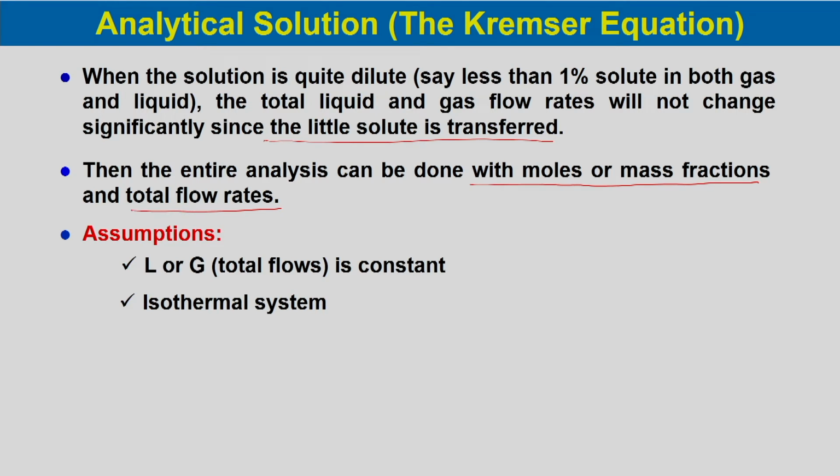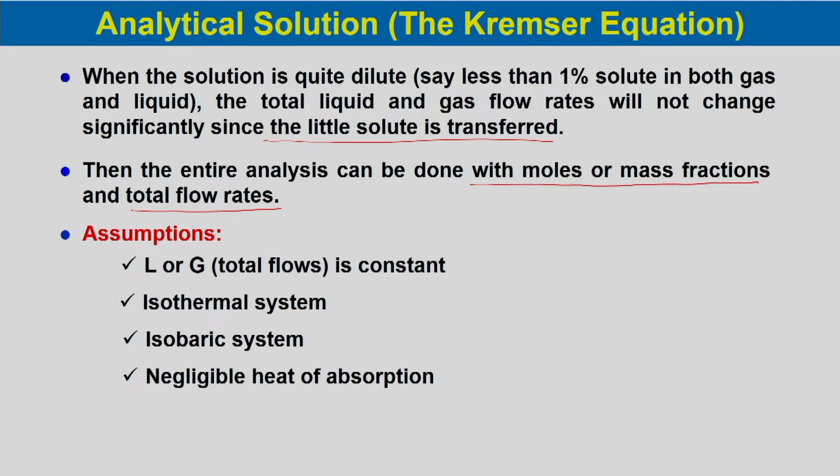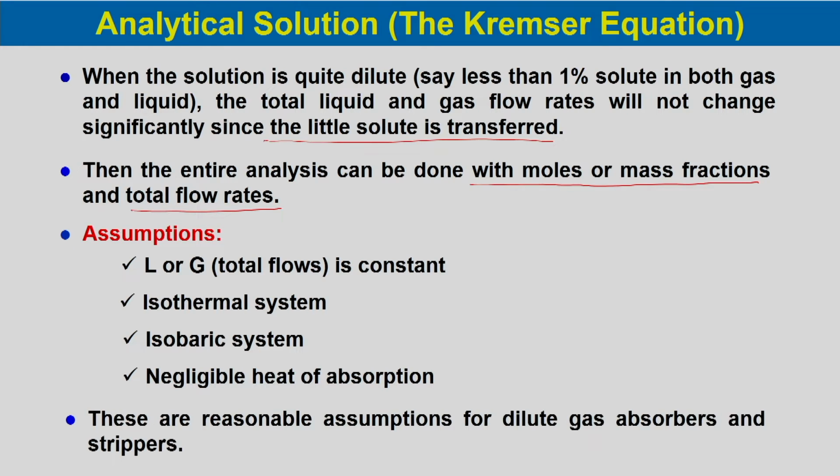Then isobaric system, the pressure remains constant, and negligible heat of absorption. So, heat of absorption should be negligible, it will behave like an ideal solution. These are reasonable assumptions for dilute gas absorbers and strippers.